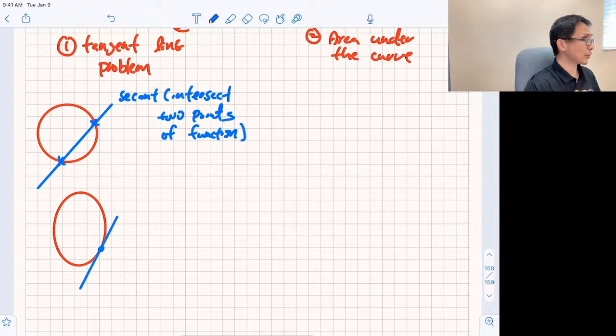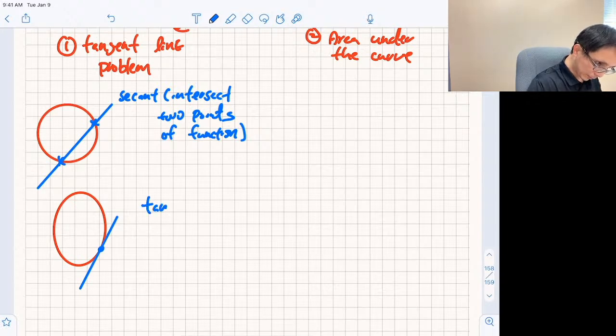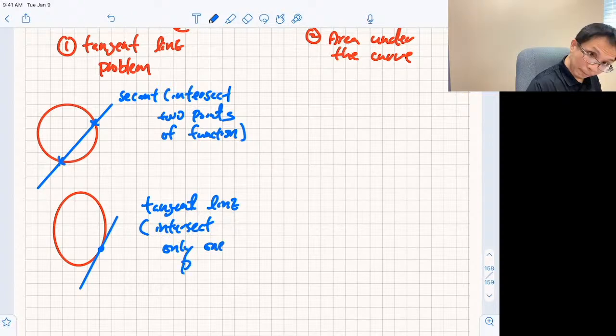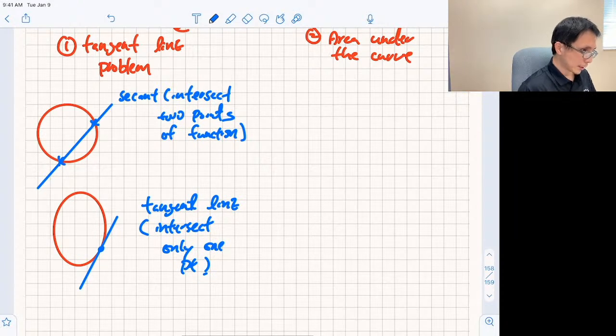So that only intersects 1 point. This is called a tangent line. So a tangent line intersects only 1 point, and the secant line intersects 2 points.